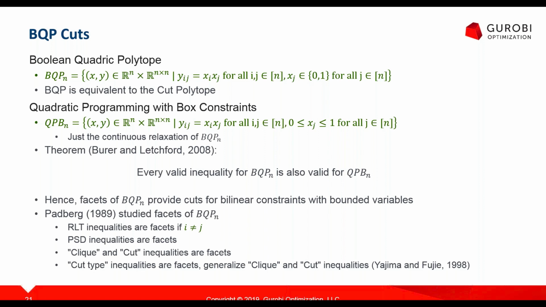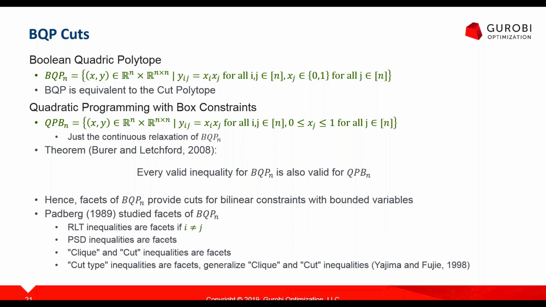And now we have a very important theorem by Burer and Letchford from 2008 that states that every valid inequality for the Boolean quadratic polytope is also valid for the quadratic programming with box constraints object that we have seen here. And this is surprising somehow, because the QPB is a continuous relaxation of the BQP.